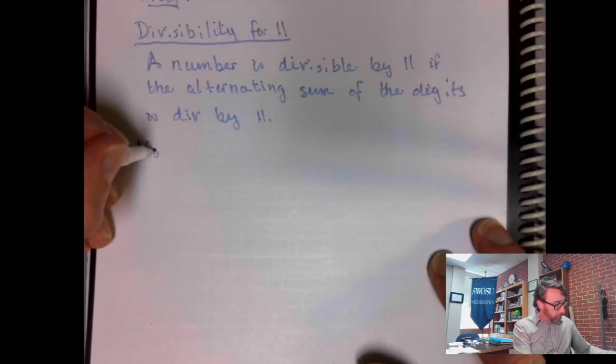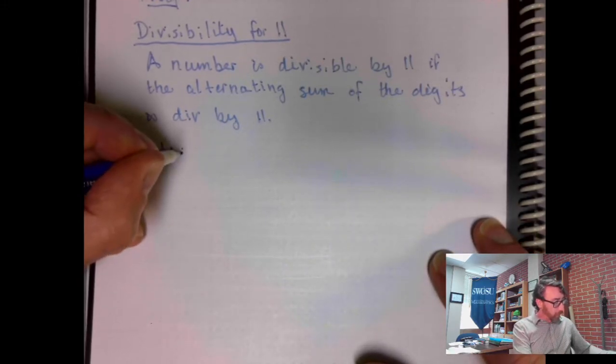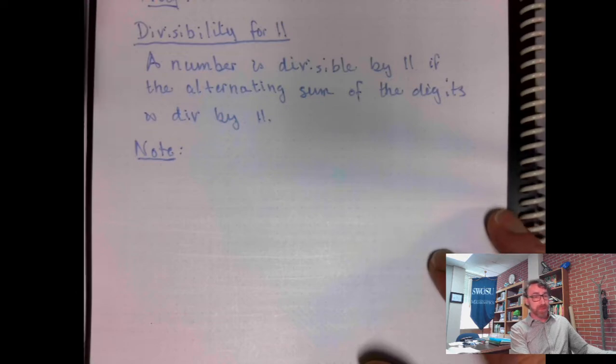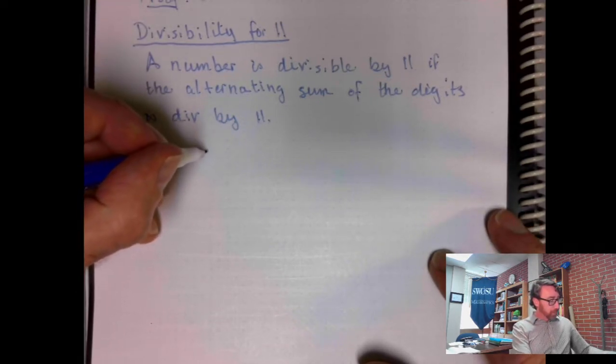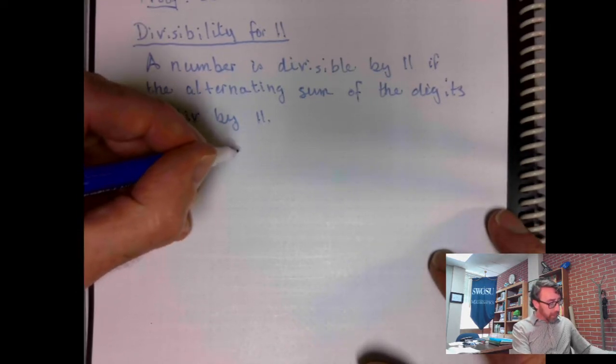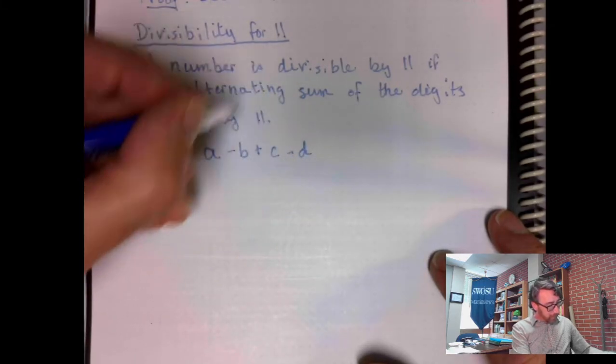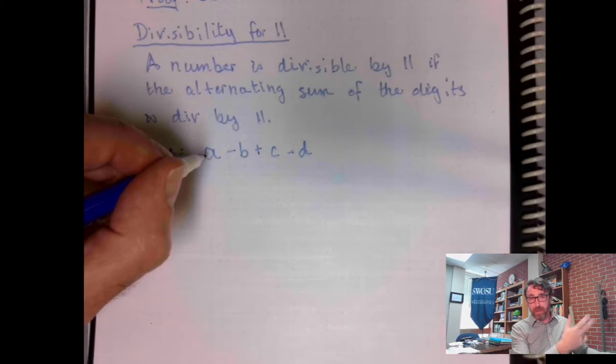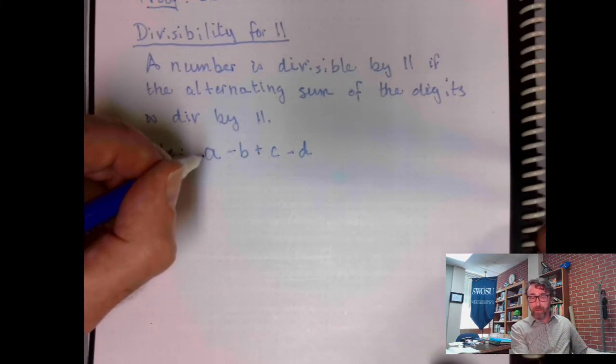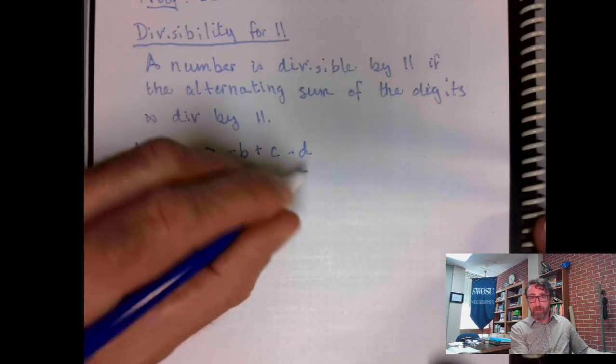And let me just do a quick note here about what I mean when I say an alternating sum. If I did something like A minus B plus C minus D, where those are any numbers I want, I'm going minus, plus, minus, plus.